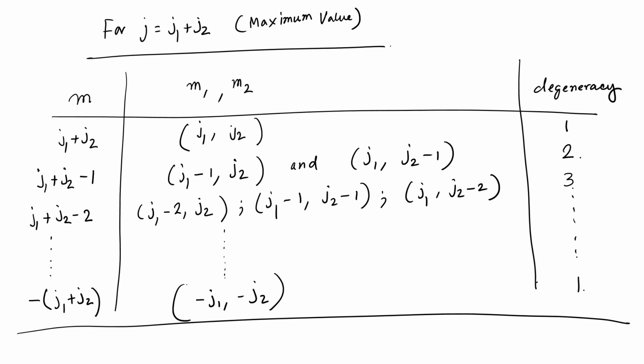And for that you will have these two combinations once again. So, this latter set would come not from J equal to J1 plus J2, but from J equal to J1 plus J2 minus 1. Okay. And that would actually sit at the top of the table, this table.